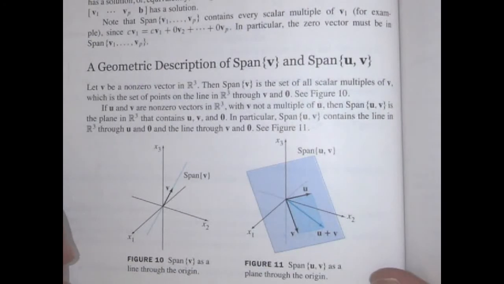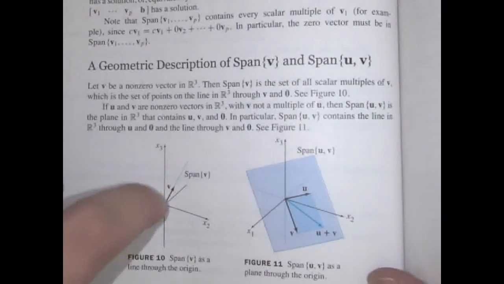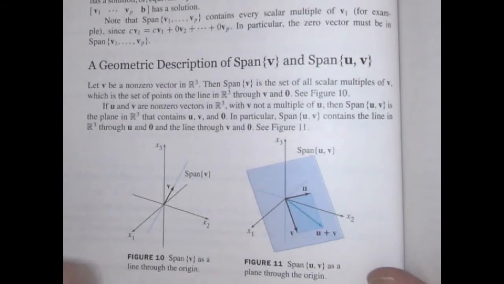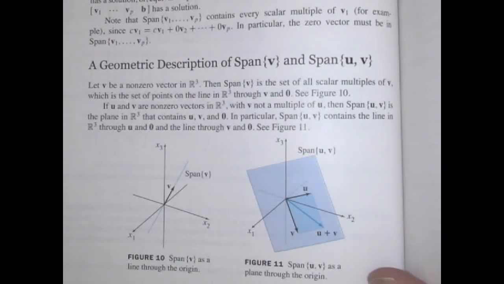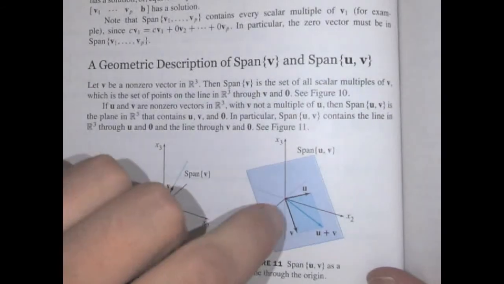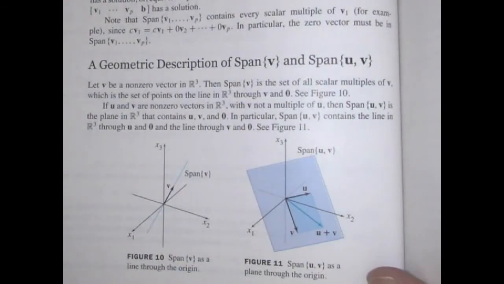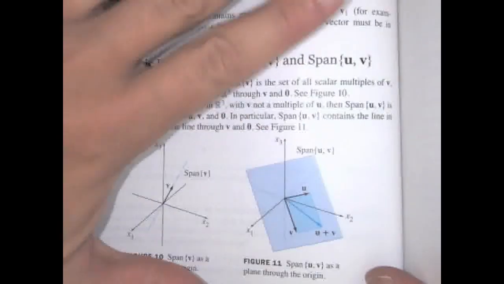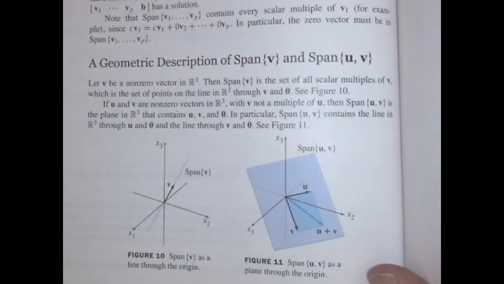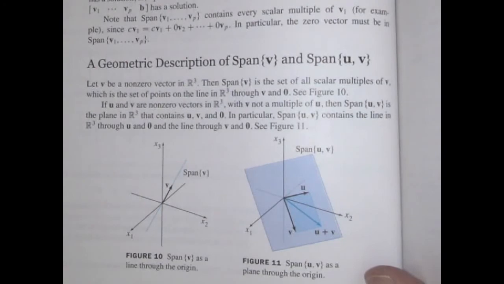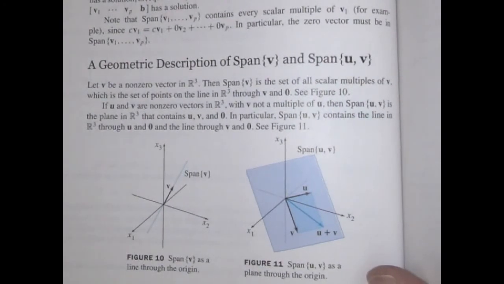They were just oriented in space. Got a vector coming out of the origin there, and then the line that contains that vector, that will be the span of a single vector. Whereas if we have 2 different vectors, say v going out that way, u going out that way, the span will be the sheet, like the plane that contains both of those directions through the origin.